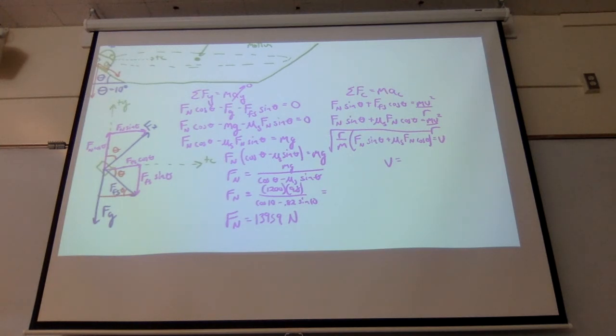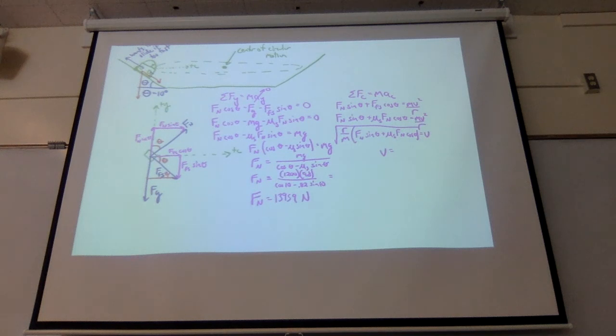You should be able to travel a little faster and still stay in the circle. Not a whole lot faster, but a little faster. It's 20 something, but I don't know what.